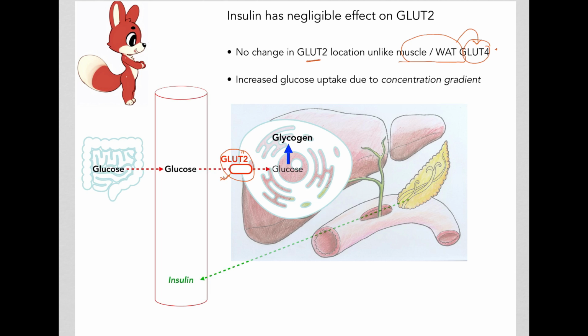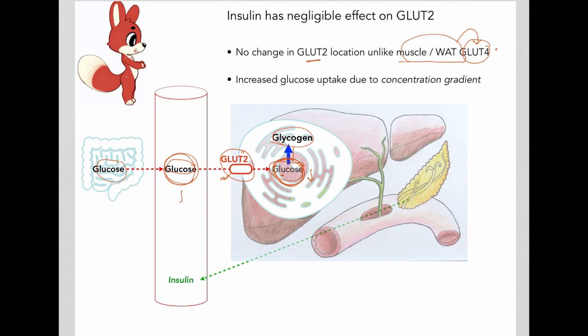However, when GLUT2 transports the glucose from the bloodstream into the hepatocyte, this glucose is immediately converted into glycogen. So this means the concentration of glucose within the cell is kept very low. And remember, after a meal we have a lot of glucose being absorbed.